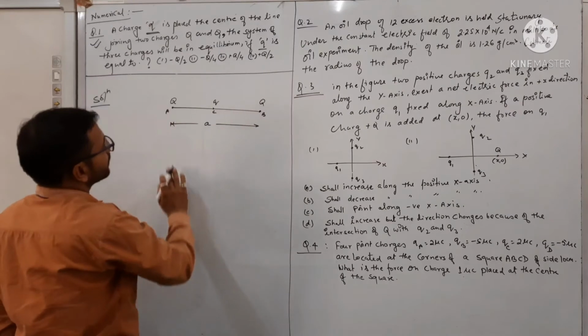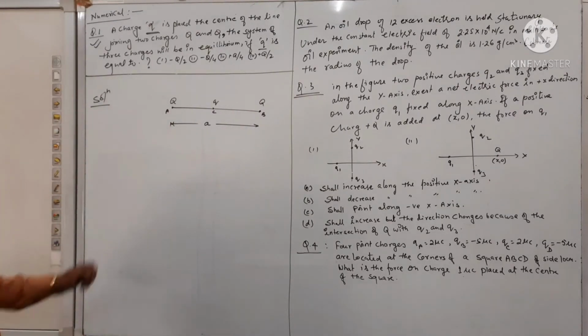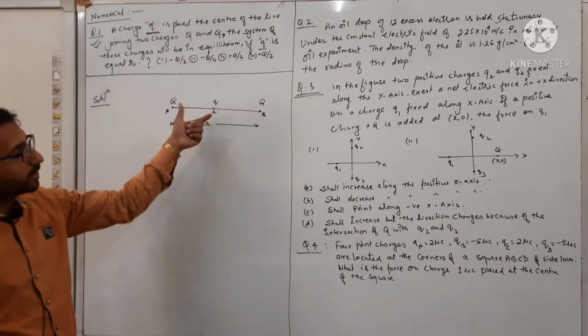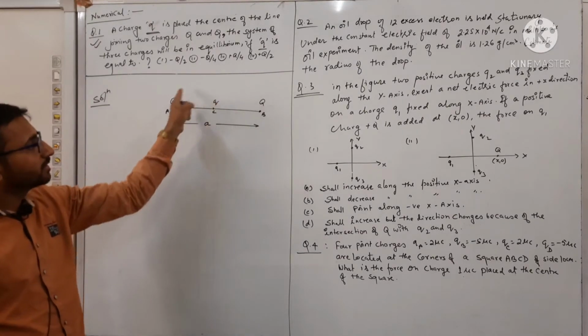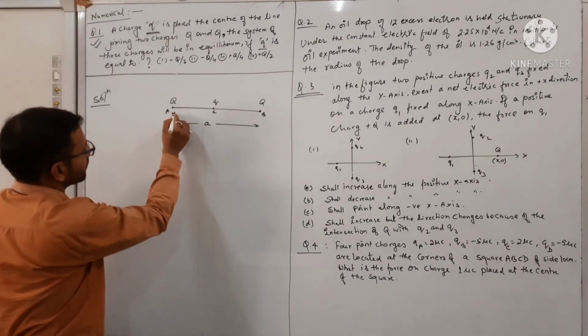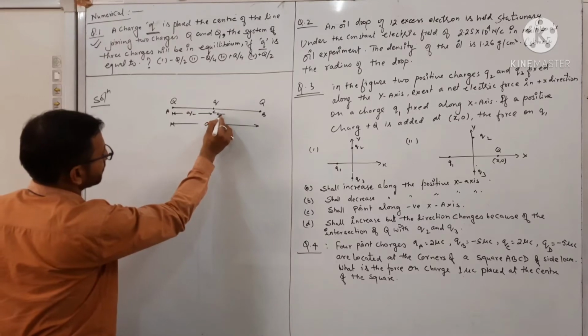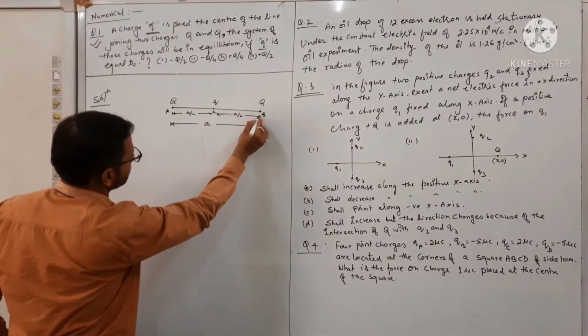What will be the value of the third charge, which when I place at the midpoint of the line joining, so that the system will be in equilibrium? So here this is the midpoint, so I am considering the distance a by 2 here and a by 2 from here also.